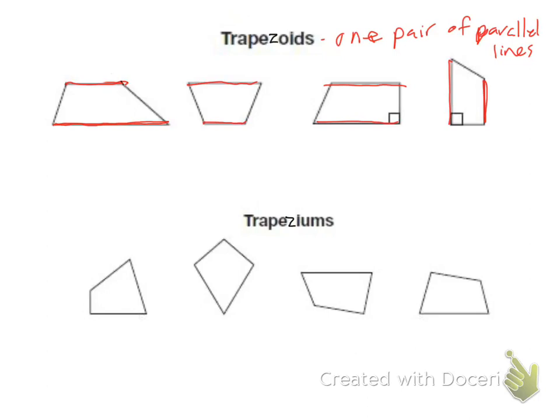Now, some quadrilaterals have no parallel sides, and we call those trapeziums. Trapeziums have no pairs of parallel lines.